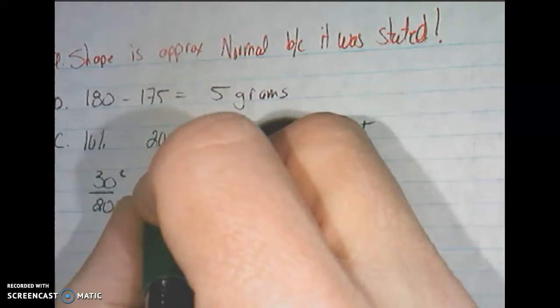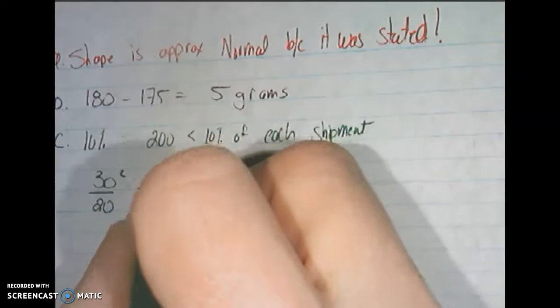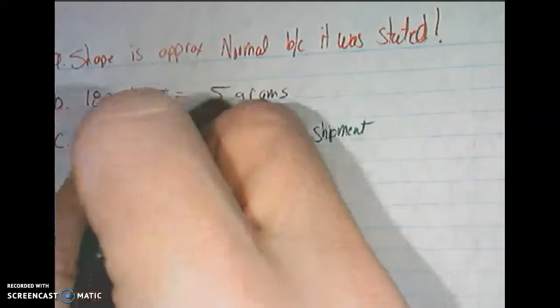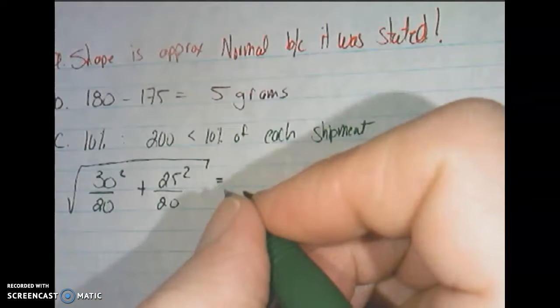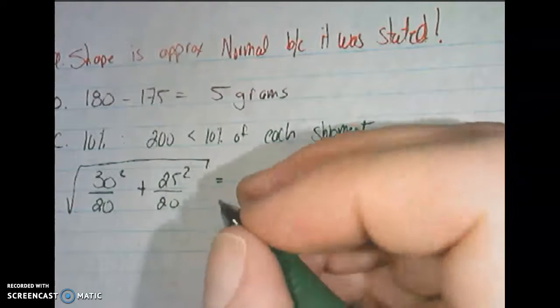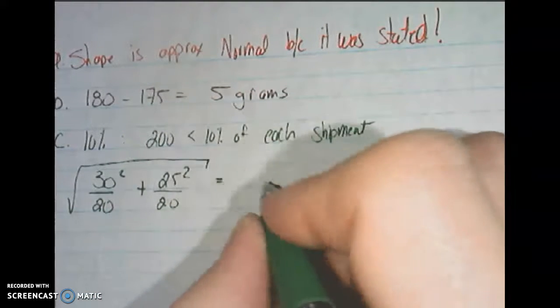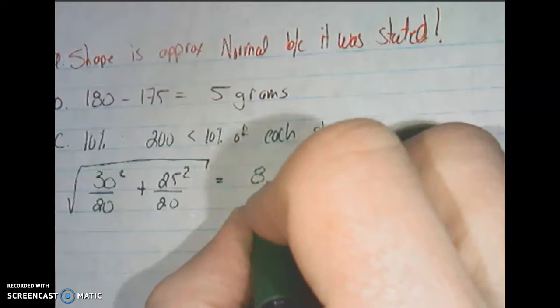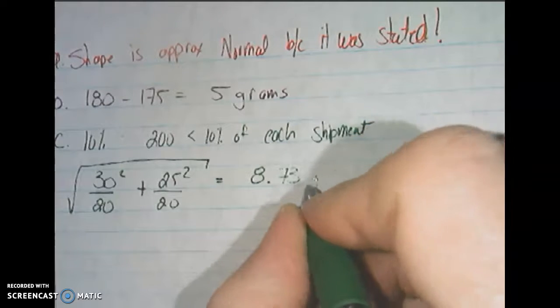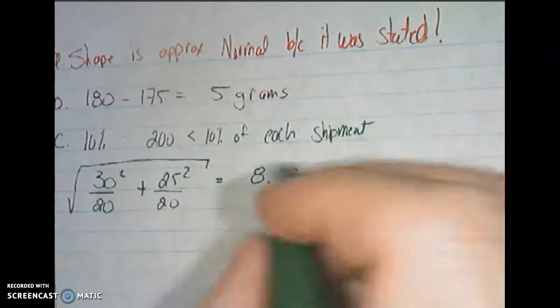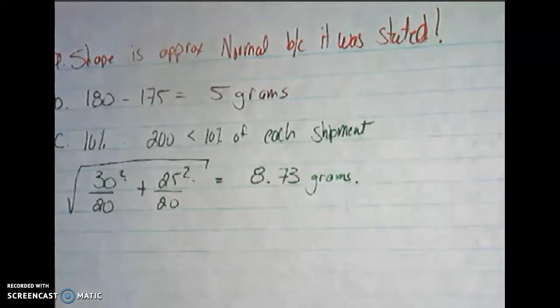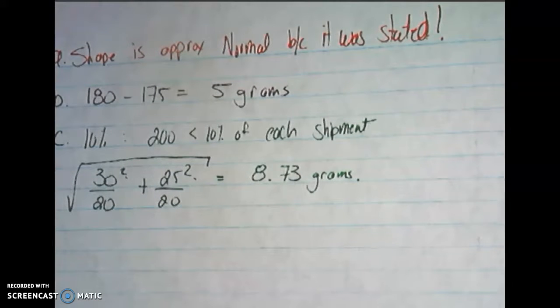And the next one is 25 squared divided by 20. If you want to pause it real quick, I'll give you that chance, then you could calculate it. But you should get a standard deviation of 8.73 grams. Don't forget your squaring, okay? I'll admit to it, that's what I did. Just spaced it, don't know why. Just like the good old days.